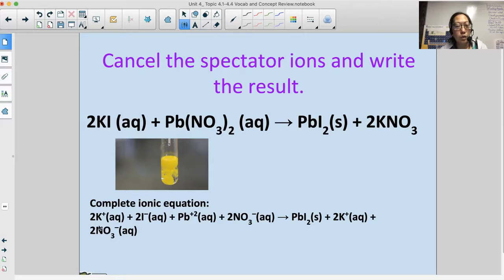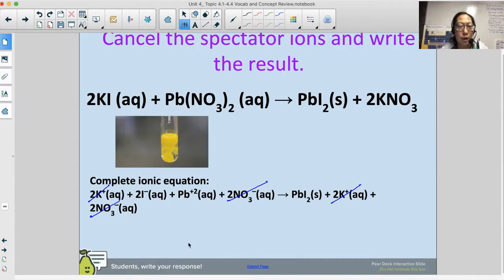So when we cancel the spectator ions here, K plus, getting rid of K plus, okay. It's not that they're not there. Be careful with this. Just because we're canceling them in this complete ionic reaction does not mean that they disappear. It's just that they're not participating in the overall reaction, right? So what we want to do is write the result. This result is called the net ionic reaction. So the net ionic is what I have left. I've got this, this, and this precipitate.